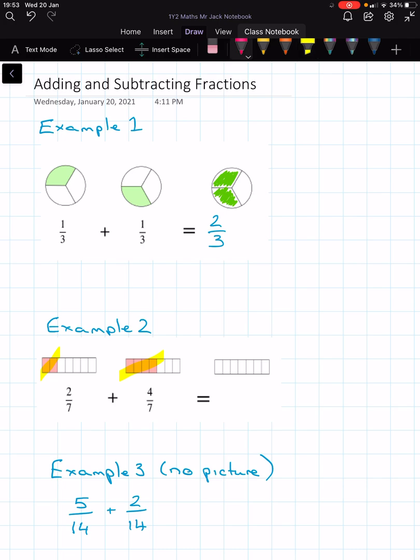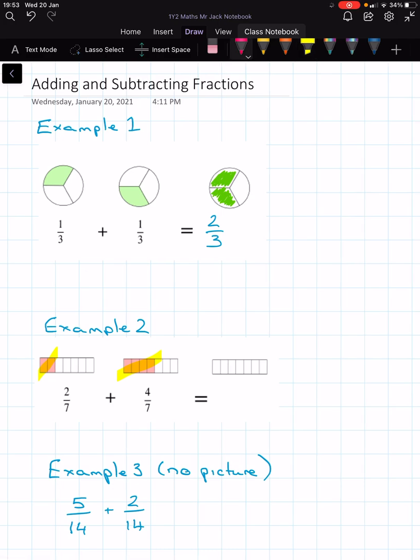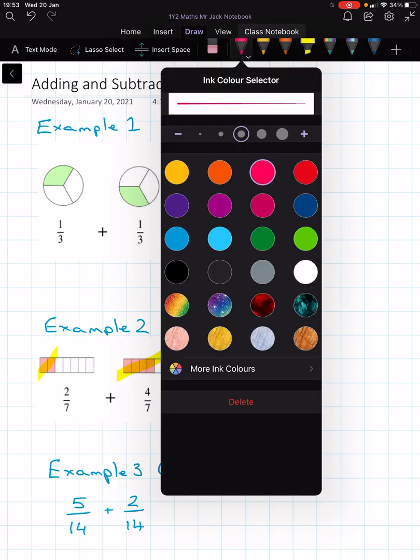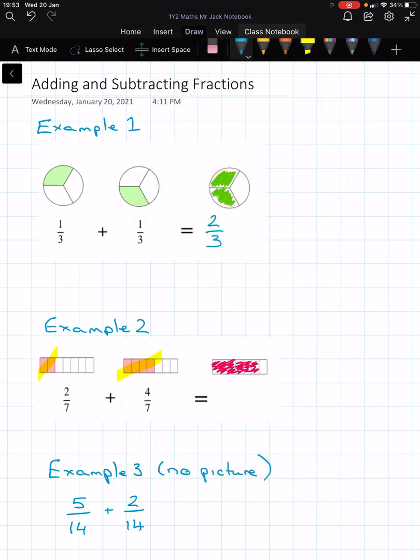If we pull all that together, how many bits will be shaded in? 4 plus 2 should be 6, shouldn't it? So there's 2, 3, 4, 5, and 6. That means we've got 6 shaded in, so that would be 6/7. Again, look at the numbers, 2 plus 4, 6/7. So that makes perfect sense.